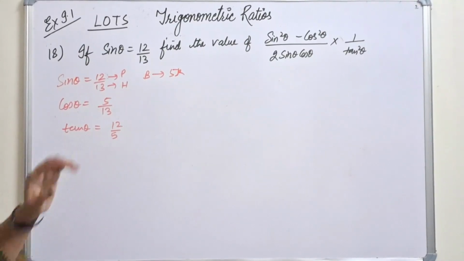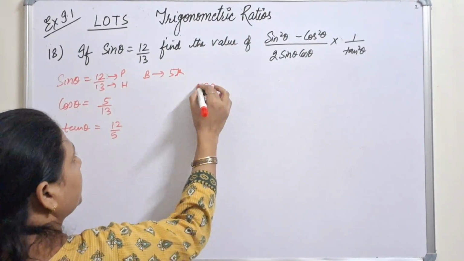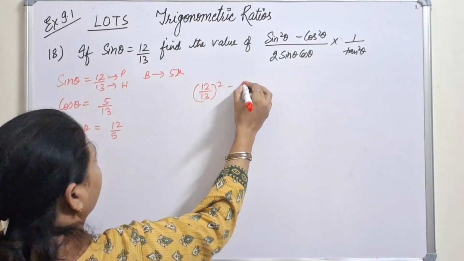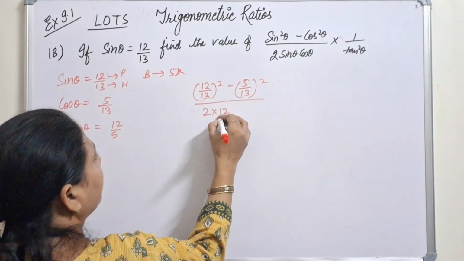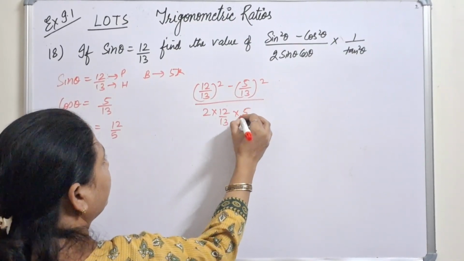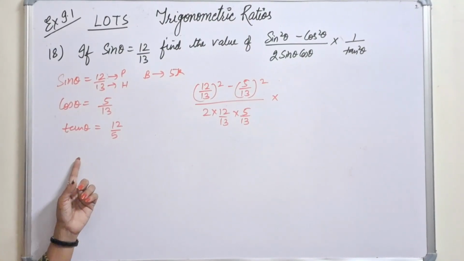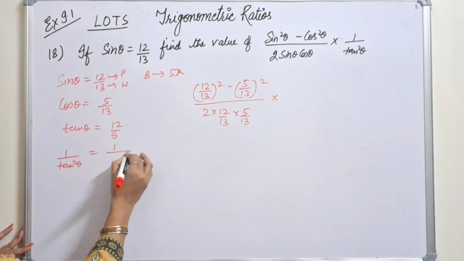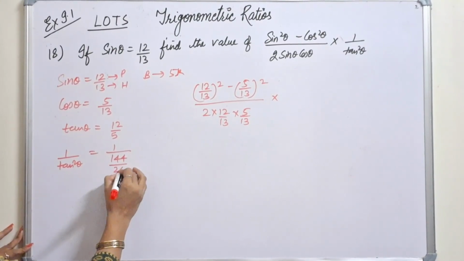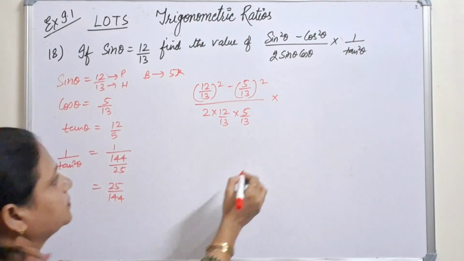Substituting the value in the given expression, 12 upon 13 square minus 5 upon 13 square upon 2 into 12 upon 13 into 5 upon 13 into 1 upon tan square theta. Here I will be solving for you. 1 upon 144 upon 25. So it is 25 upon 144.